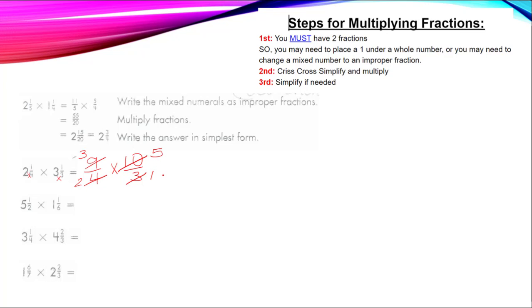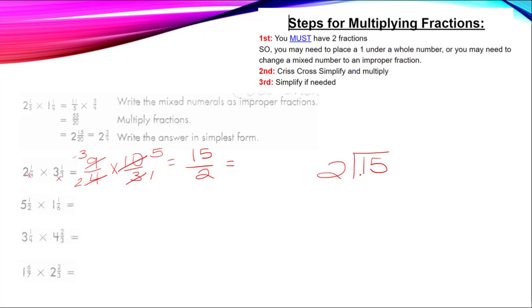So now I can go ahead and multiply. 3 times 5, 15. 2 times 1 is 2. So I have an improper fraction. So I need to simplify and make it a mixed number. 15 divided by 2. Bottom dog outside the house, top dog inside the house. Goes into, can 2 go into 1?